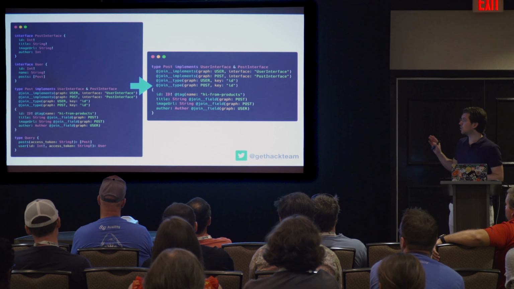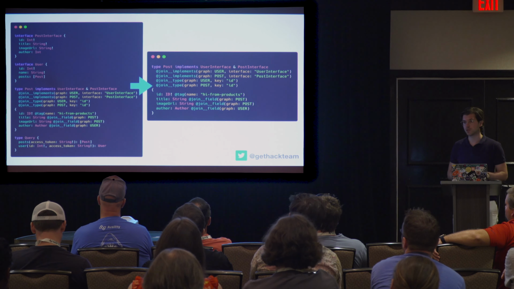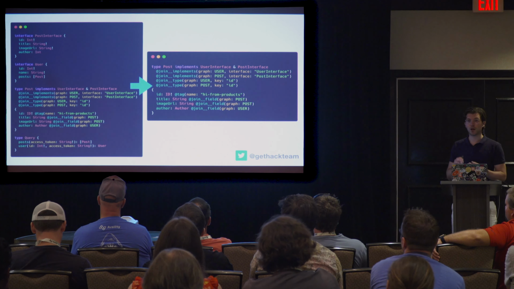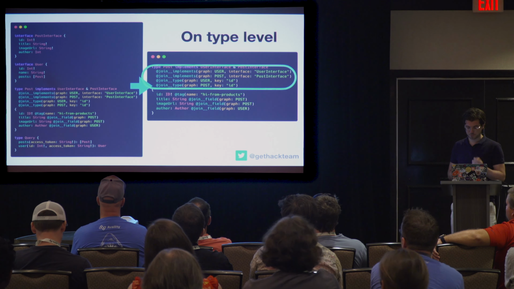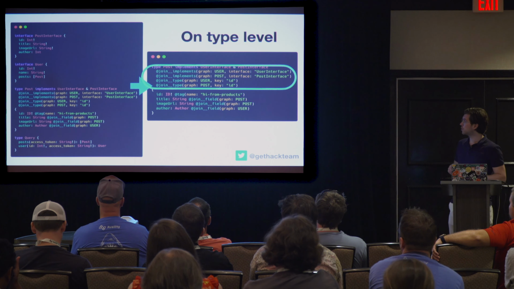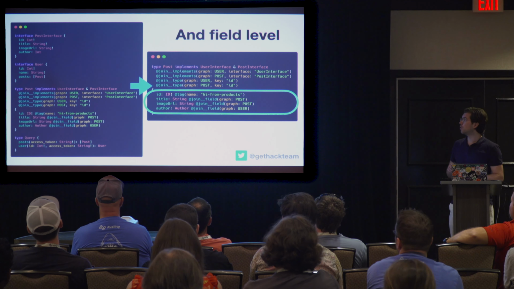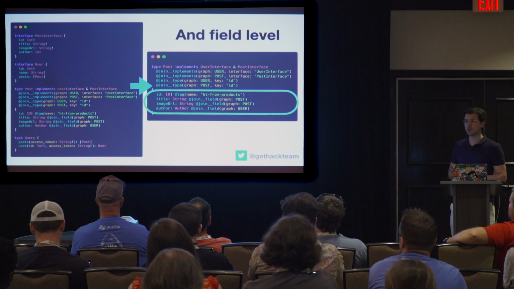And as you can see, it's still the same GraphQL schema we saw before, the same notations, and it's heavily dependent on custom directives. And these custom directives are a way to extend the options you have in a GraphQL schema. And you can make joins either on type level, as you can see like this. So my type post is joining data from different schemas, or you can do it on field level as well. So maybe you're bringing in fields that you want to join based on a different graph.